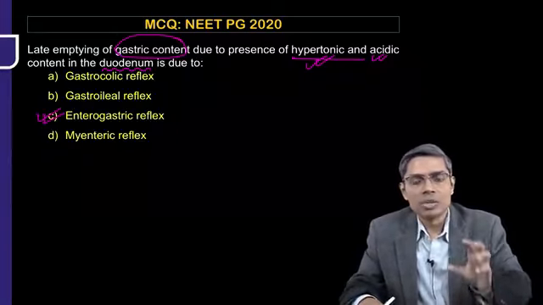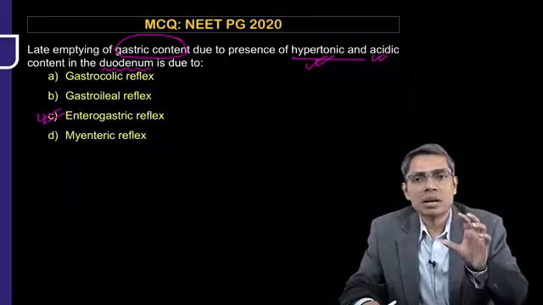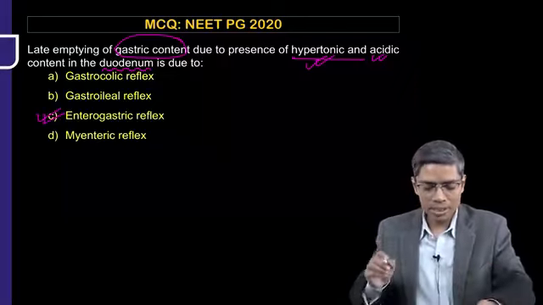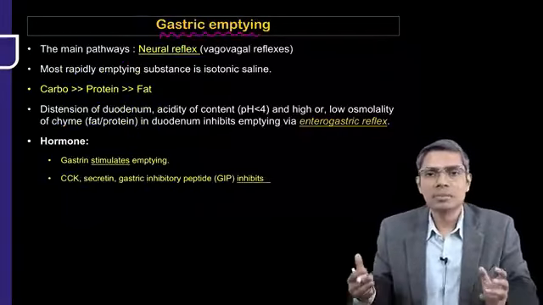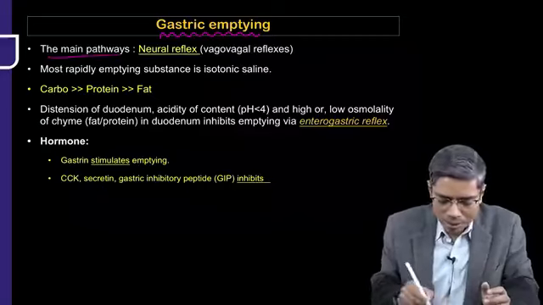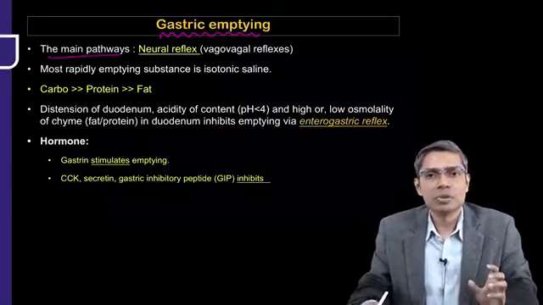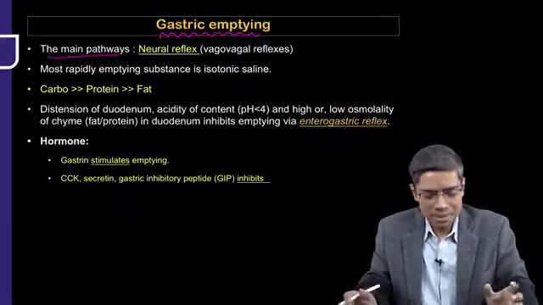So basically we have to remember certain points about gastric motility. What are the points? The main pathway for regulating the motility of the stomach is the neural pathway, neural reflexes, vagovagal reflexes. It is the main reflex which controls the motility of the stomach or gastric emptying, right?